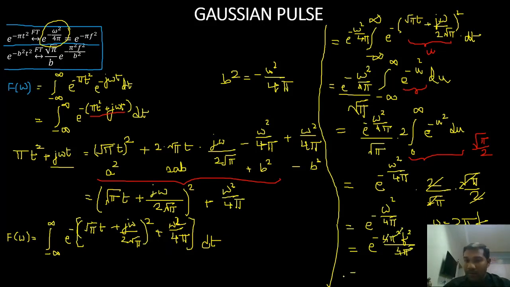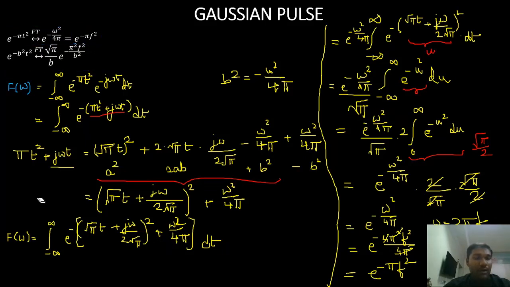So I have my final equation as e power minus pi f square.